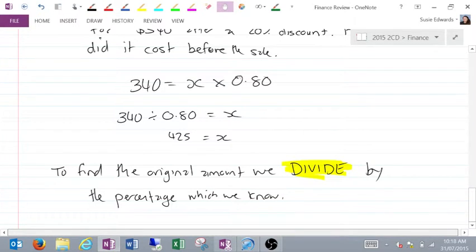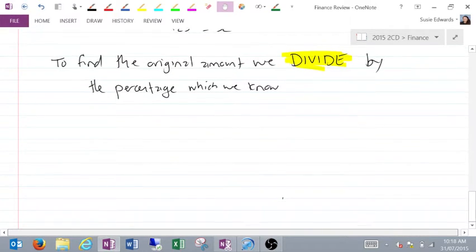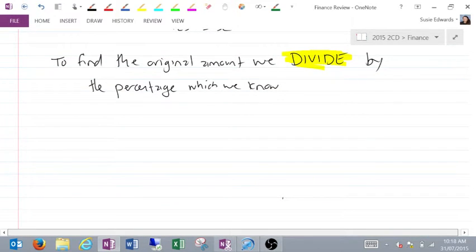So I think where people have the most trouble is actually working out what number we divide by. So we'll do a couple of examples of this.